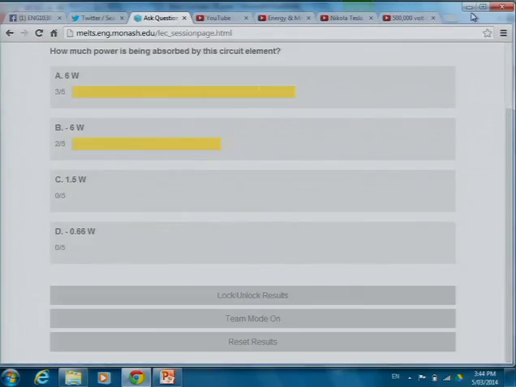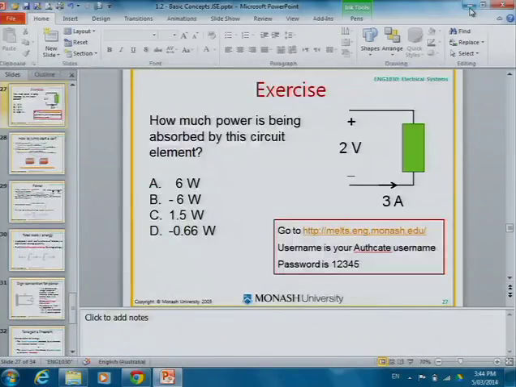Well, you can answer it. There we go. Have a bit of a look. How much power is being absorbed by this circuit element? Work out how much current is flowing into the positive terminal. Multiply that by the voltage. That is the power absorbed.